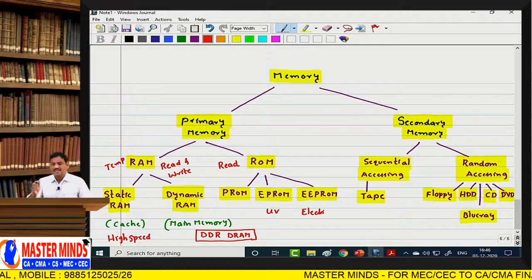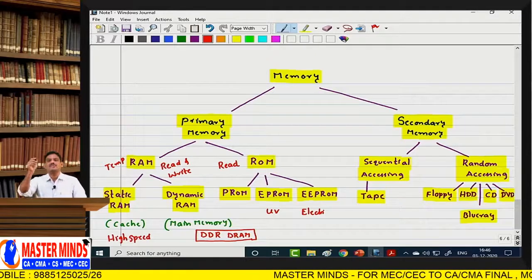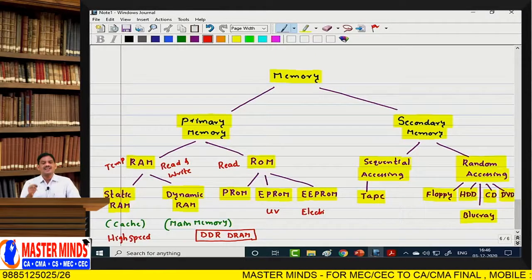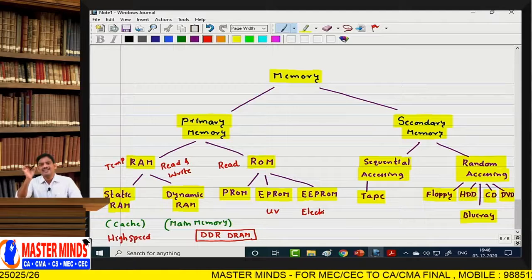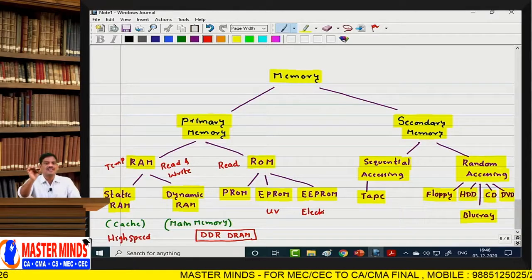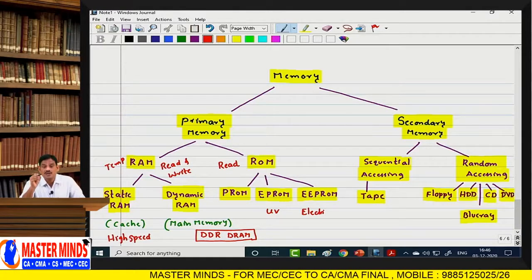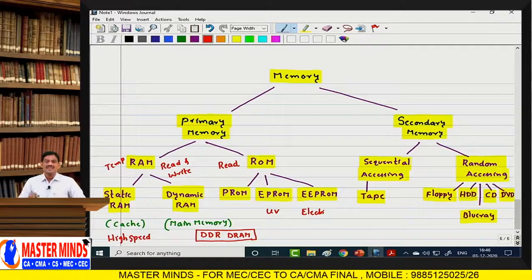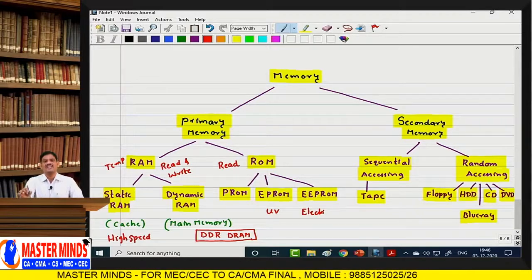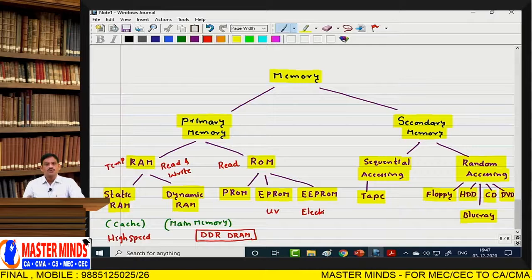Right. Next one, secondary memory. What is secondary? Secondary is also called auxiliary memory, non-volatile memory. It is a permanent memory.